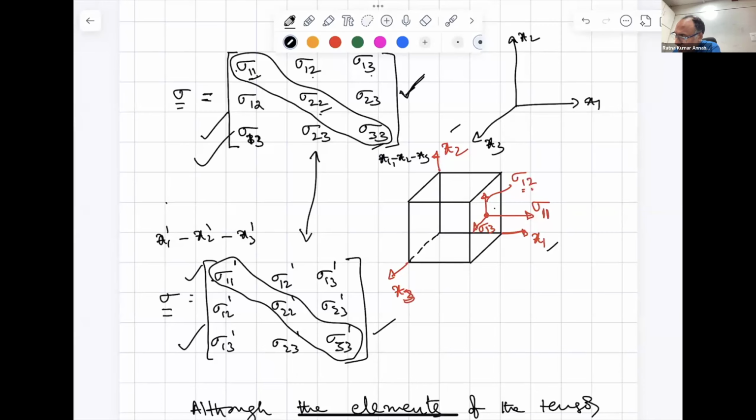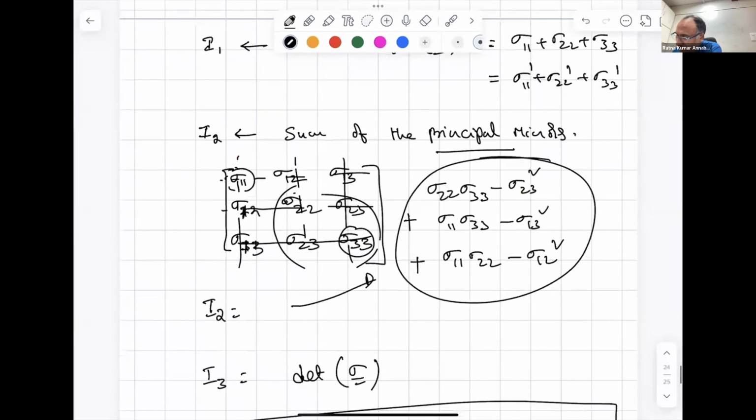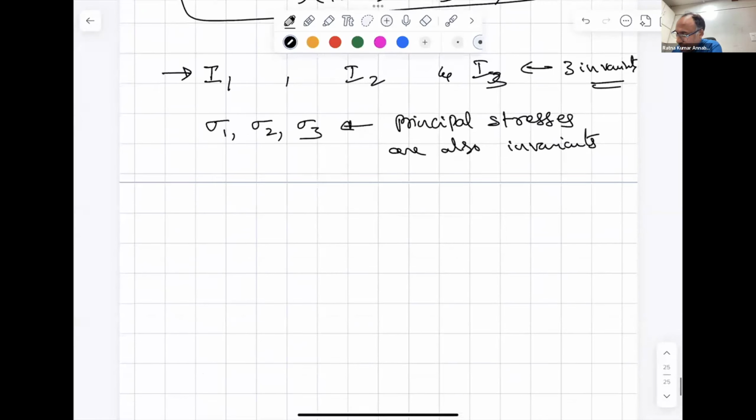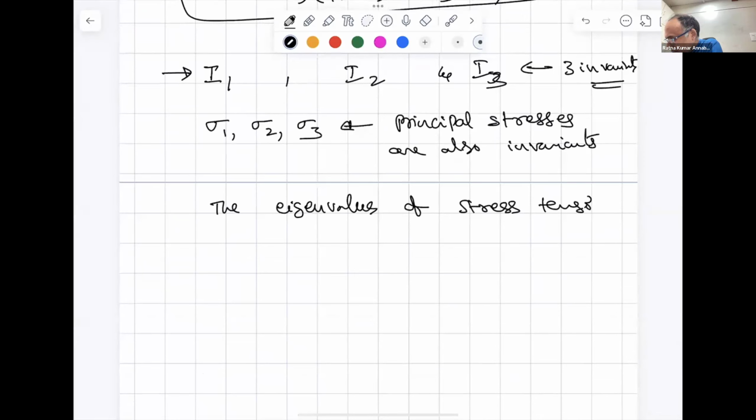That is why the eigenvalues. So we know the eigenvalues of the stress tensor, or principal stresses. Did we discuss that or not?